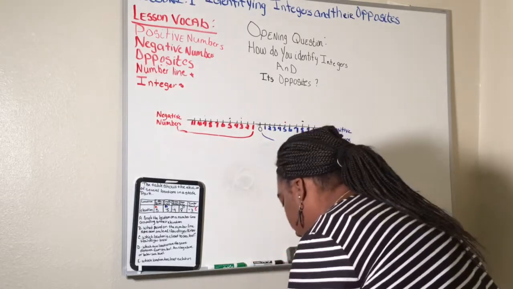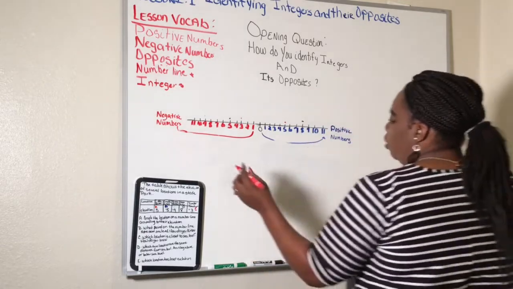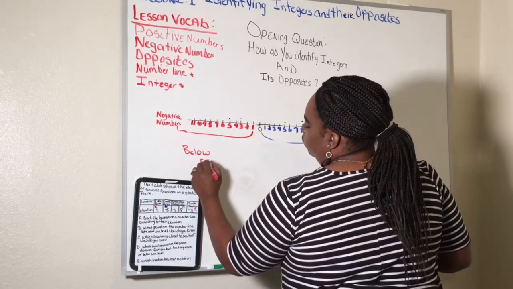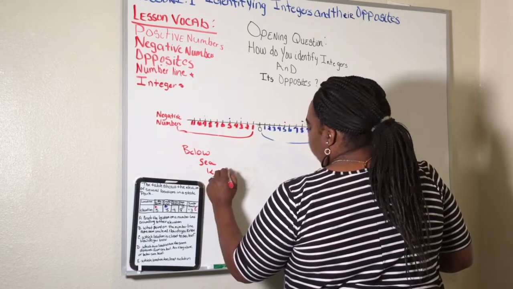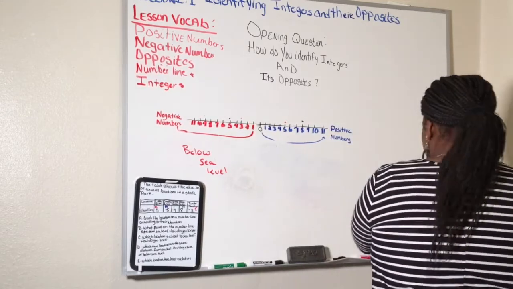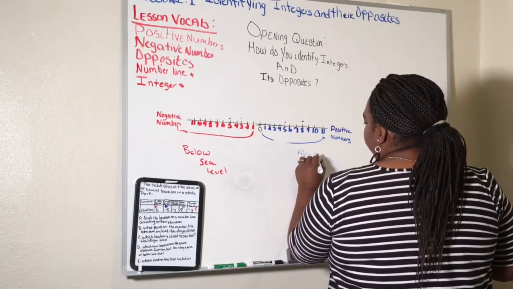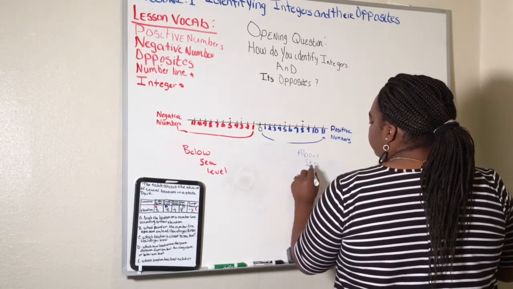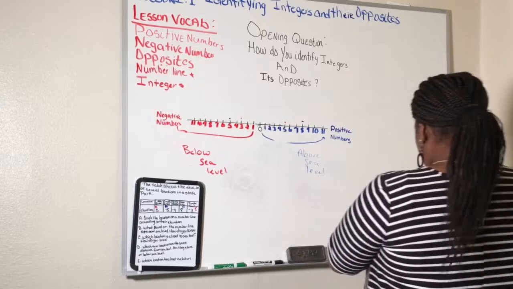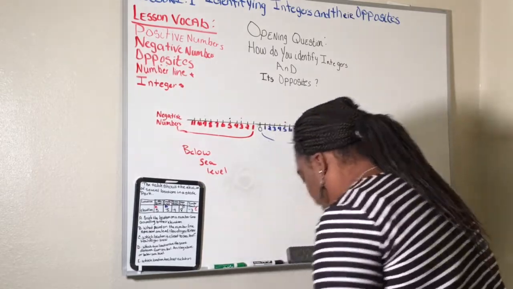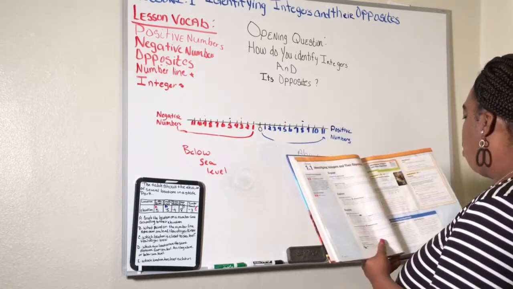Because we're still dealing with below sea level, which is negative, and above sea level, which is positive. And we're trying to find 7 feet below sea level.